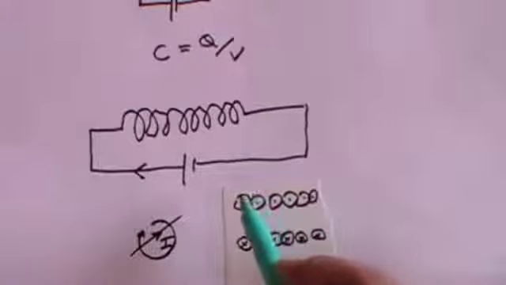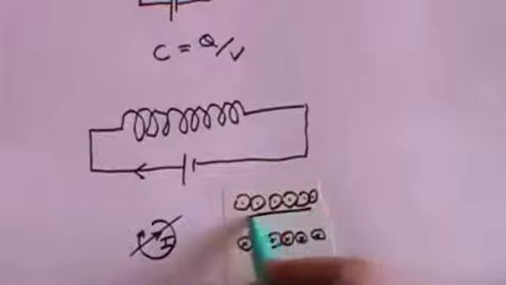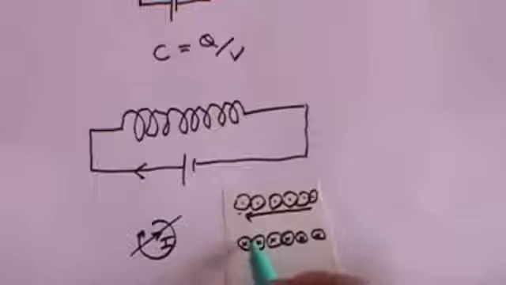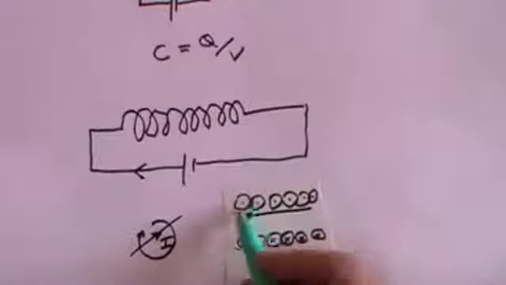So you'll notice that inside the solenoid at the top, the field is travelling in that direction because it's going around like this. When it gets to the bottom, the field is travelling in this direction. At the top, the magnetic field goes round clockwise.